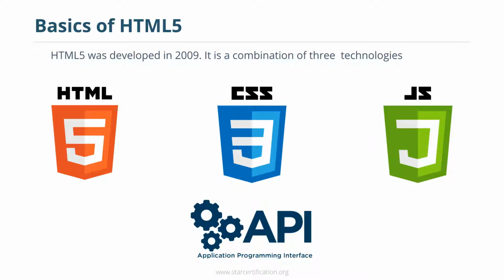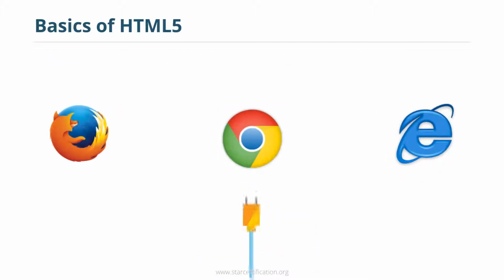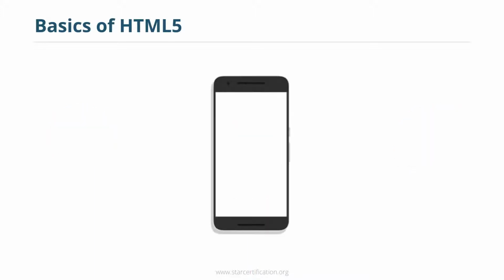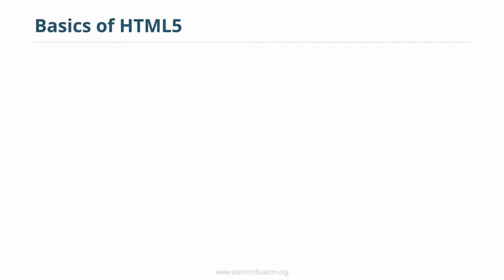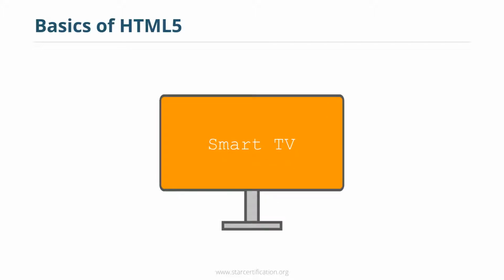HTML5 has been designed to deliver almost everything you want to do online without requiring additional software such as browser plugins. It takes care of everything from animation to apps, music to movies, and can also be used to build complex applications that run in your browser. HTML5 is cross-platform and can be used on a tablet, smartphone, netbook, or smart TV.